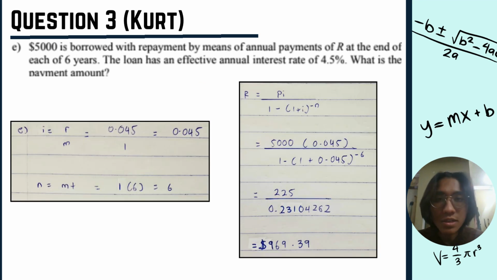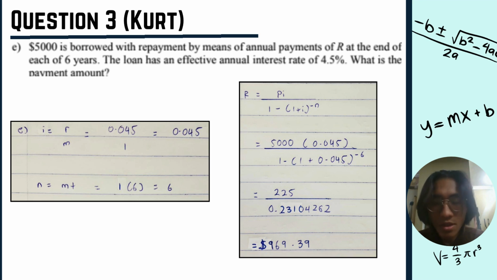Okay, for question E, the question asks for what is the payment amount. To get the payment amount, the formula that I use to solve the question is R equals PI divided by 1 minus in bracket 1 plus i, closing bracket, to the power of negative n.